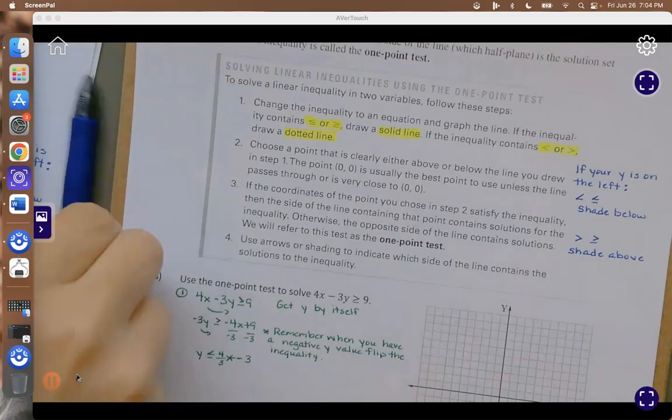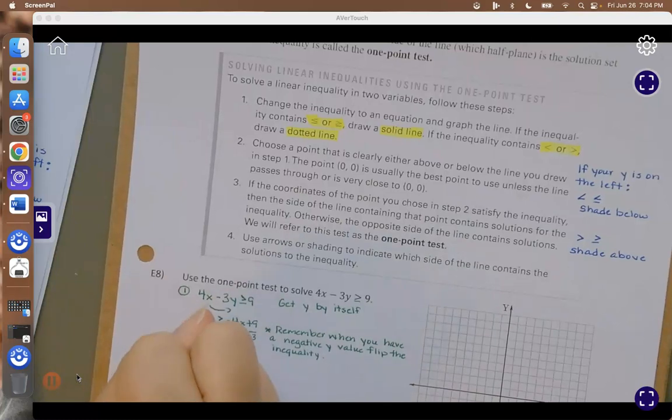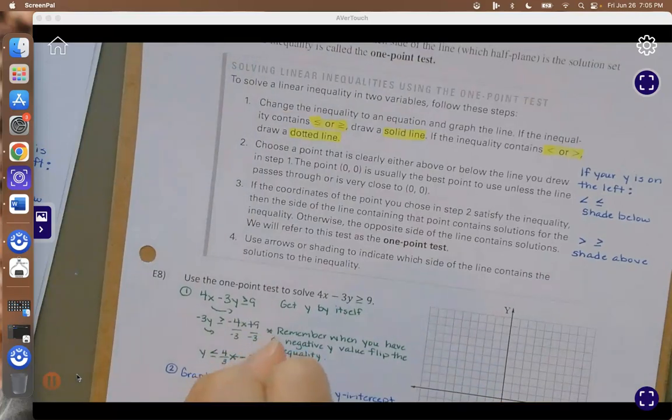now step 2, remember how to graph. Pull out slope and y-intercept. So our m is 4/3 and b is negative 3.